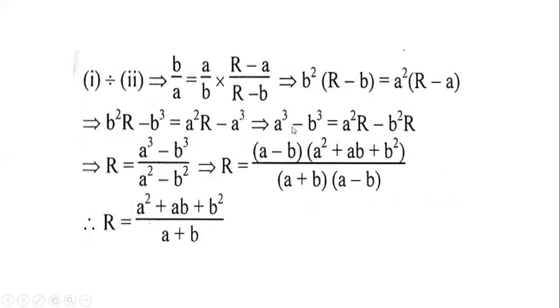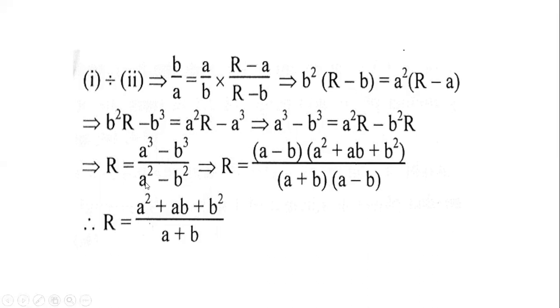So boys, if we take R common here, then we get R(a² minus b²), and if we change the side and divide, then we get R equals (a³ minus b³) by (a² minus b²). Because a³ minus b³ equals (a minus b) into (a² + ab + b²), which is the a³ minus b³ formula.